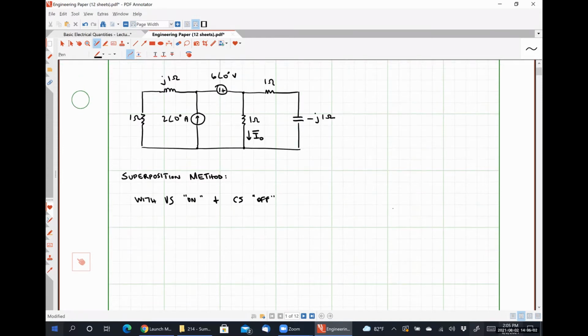So with our current source off, our circuit would look like this.